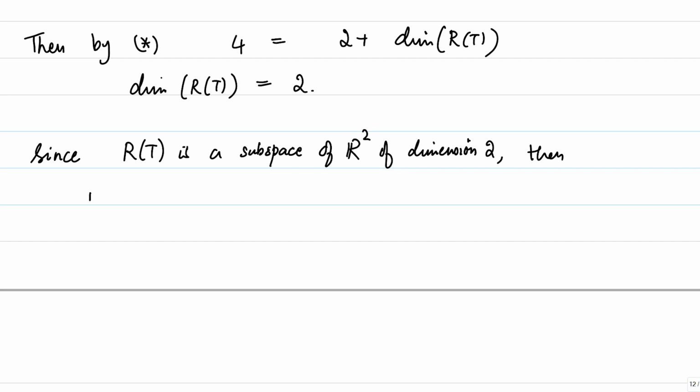Then R(T) is equal to R2, because if we have a subspace which has dimension equal to the dimension of the vector space, then the subspace is necessarily equal to the vector space. But this is precisely what we mean by saying that T is surjective. That's what we had set out to prove.